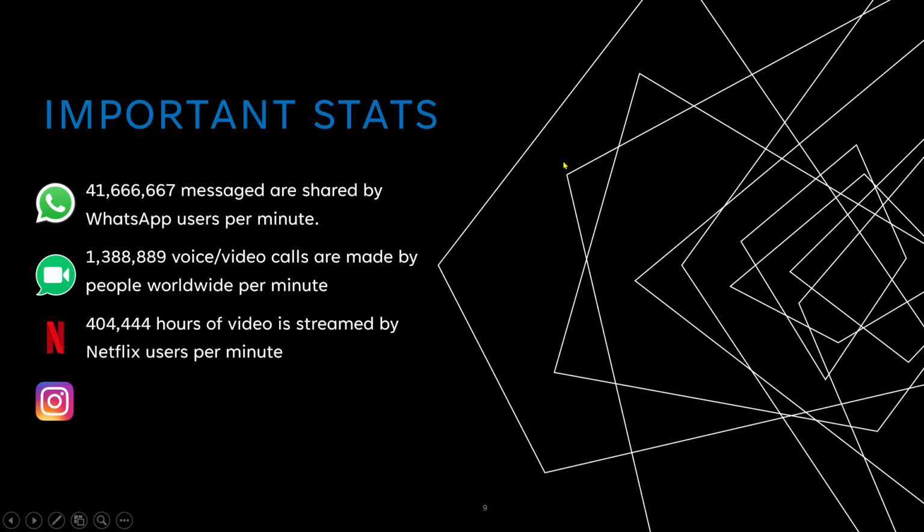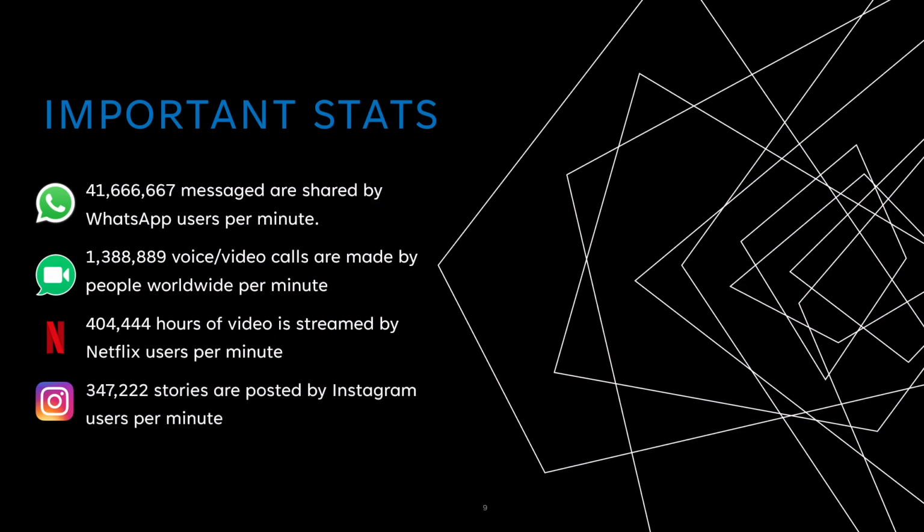Around 400k hours of video are streamed by Netflix users per minute, and around 350k stories are posted on Instagram per minute. All of this data is as of 2020. I did not collect for 2021 or 2022, but you can always expect this data could be more even now, because the users have been constantly increasing in these tools and applications.